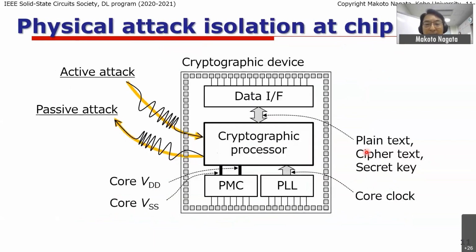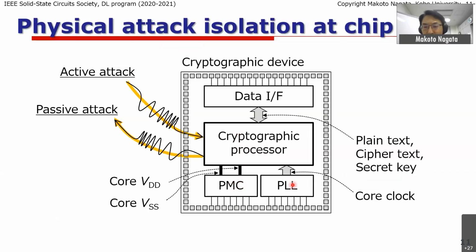If you design the chip, if you design the cryptographic processor, it's a digital design that can be situated in the center part of the die, for instance. People who want to protect the cryptographic processor from the attacker may use power management control to isolate the power domain from the outside.